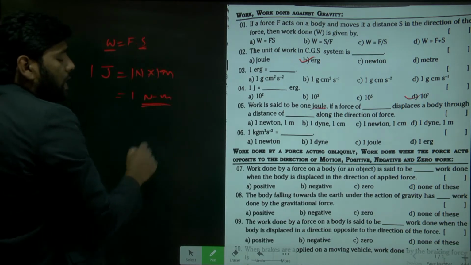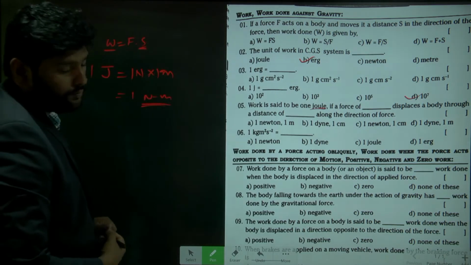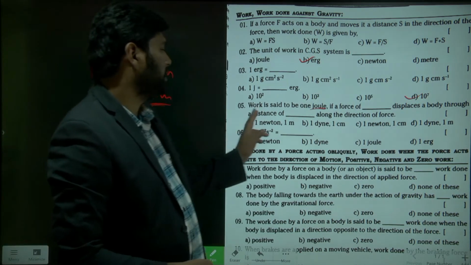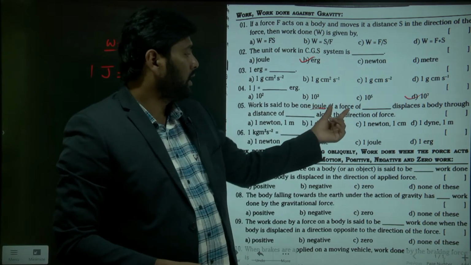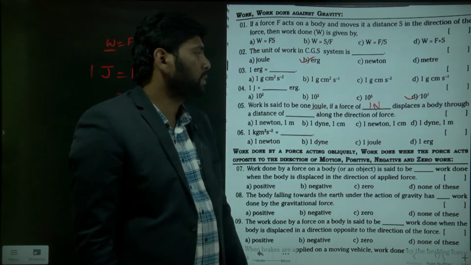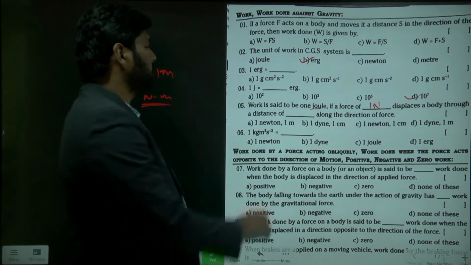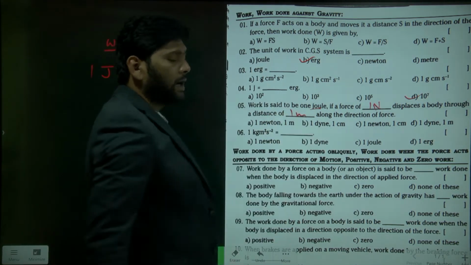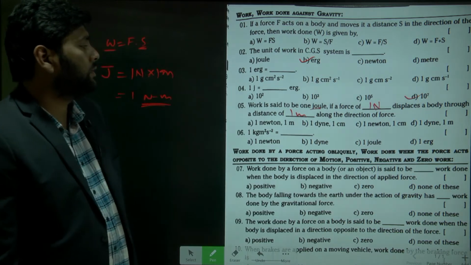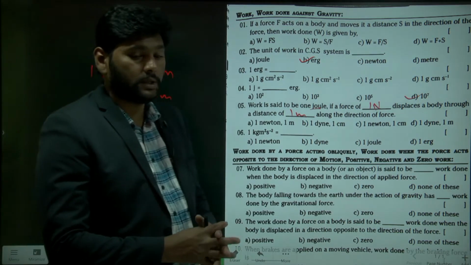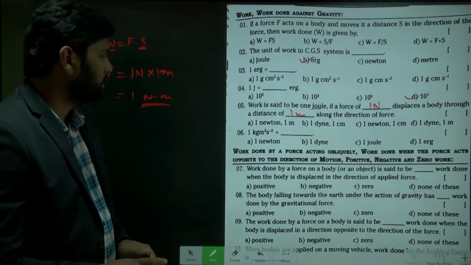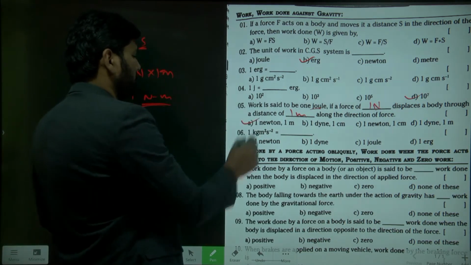This newton meter is also known as a joule. Work is said to be 1 joule if a force of 1 newton displaces the body through a distance of 1 meter along the direction of the force. So option A is correct.